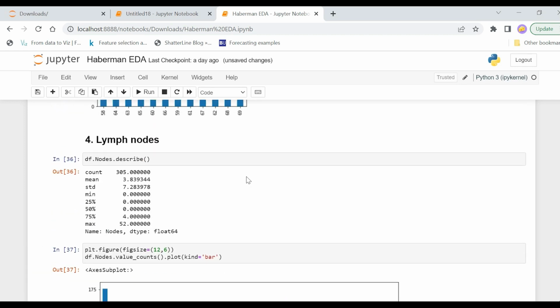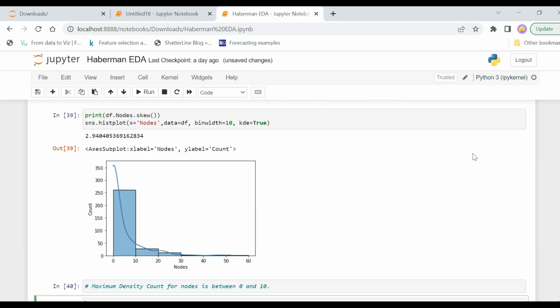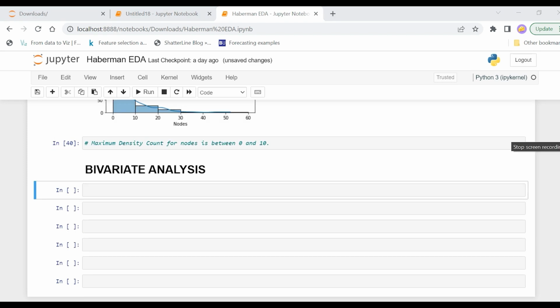Now it is the time for bivariate analysis. Now we have to analyze the data set as per the bivariate analysis. Bivariate analysis, as it says, is an analysis taking two variables or two features at a time. Bi means two.